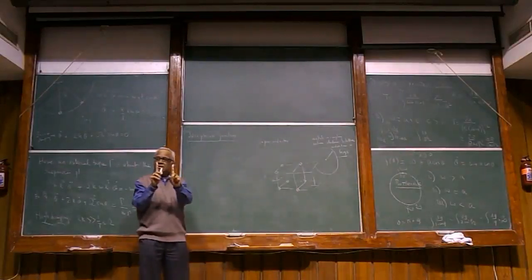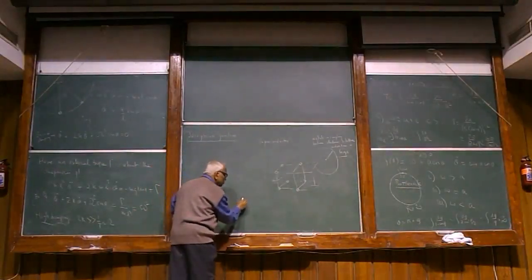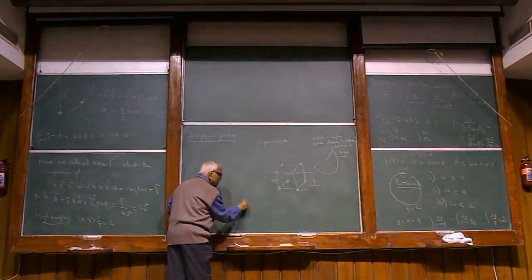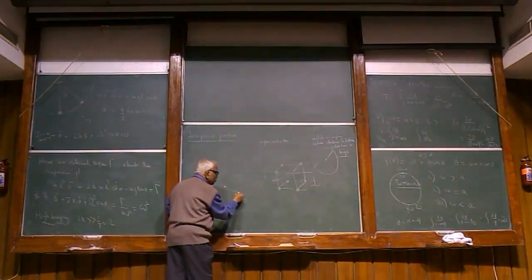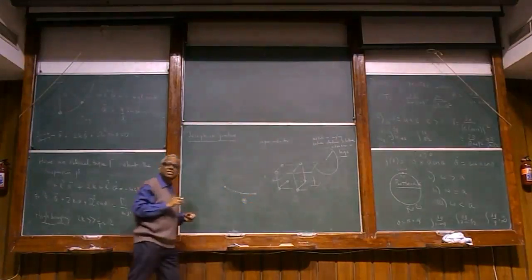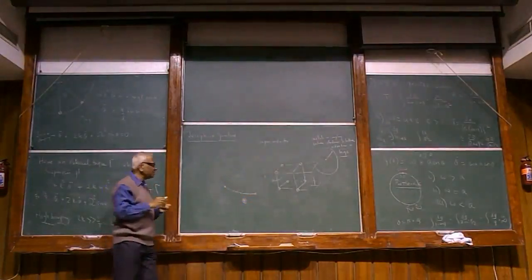Had the lattice not distorted, so this is my undistorted lattice, electron 1 comes and goes off in this trajectory somewhere over here.